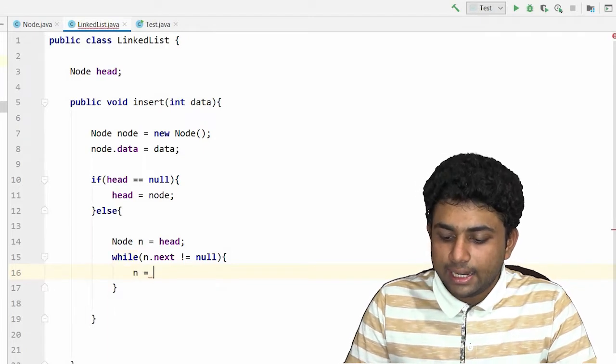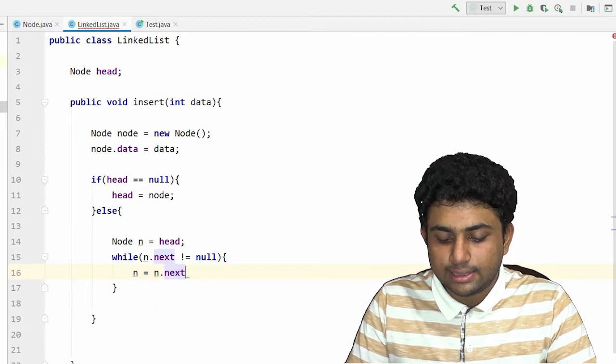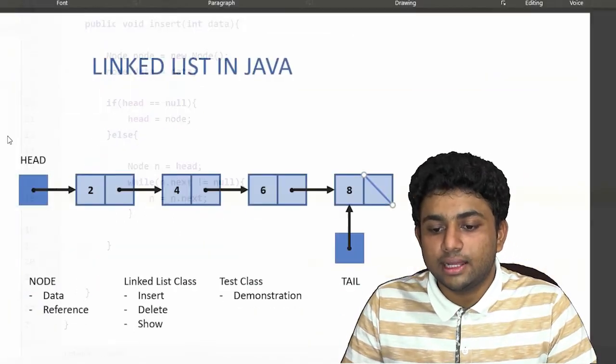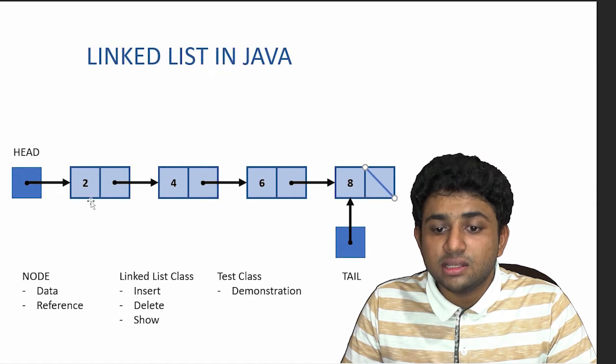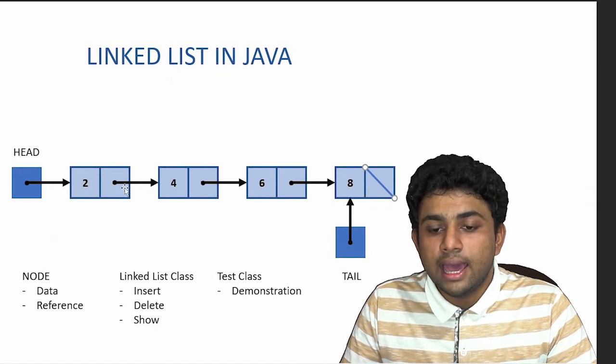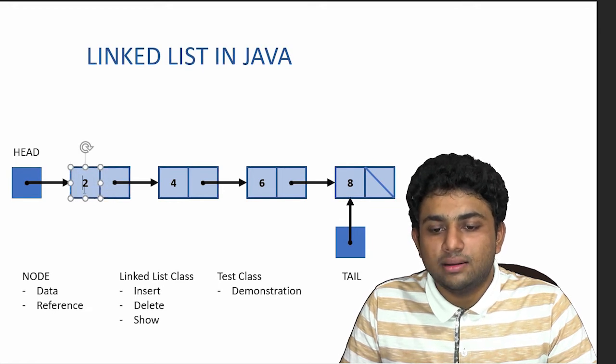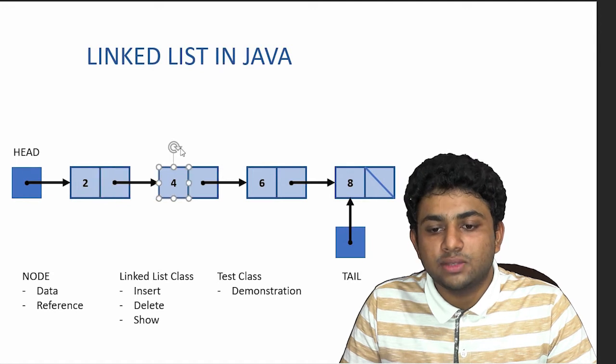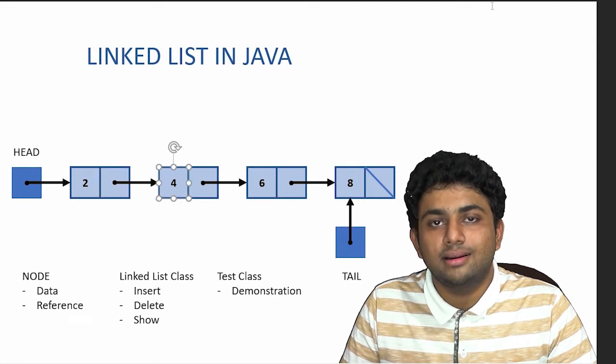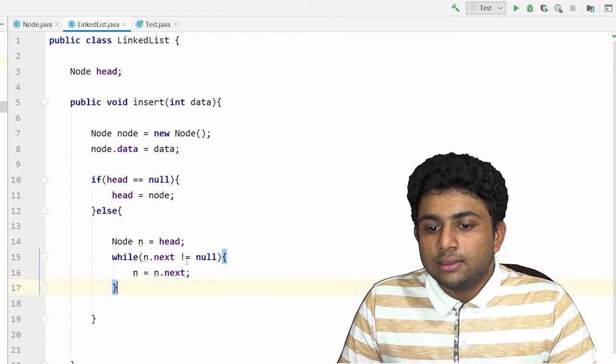So I'm going to say n equals n dot next. N dot next, what is this? If this is the second node, the third node will be the reference of the second node. So n is equal to n dot next, which is going to refer to this node. So that's it.